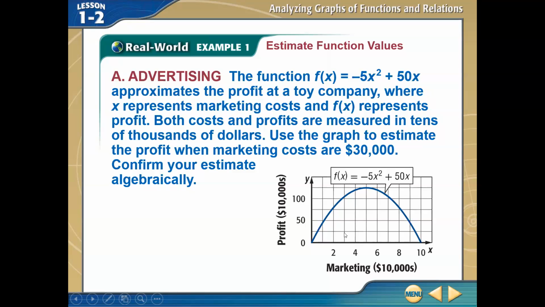Working the same way going up, it looks like they're counting by 25s. So if we go up, we have 25 times 10,000, which is 250,000. Then we have 500,000, then 750,000, and then a million. 100 times 10,000 is equal to 1,000,000.